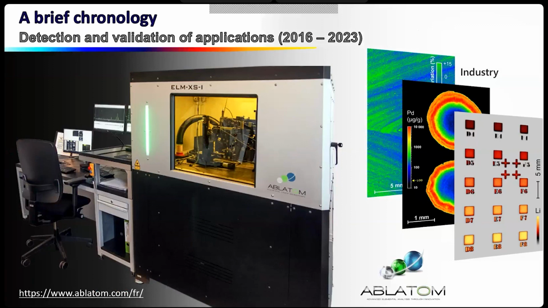At first, the plan was to make routine analysis, so they were locating our instruments in the lab. And then for the last 2 years, they started to sell instruments. The first LIBS imaging instrument was sold to the IFPEN last year. And also this year, there are several orders.